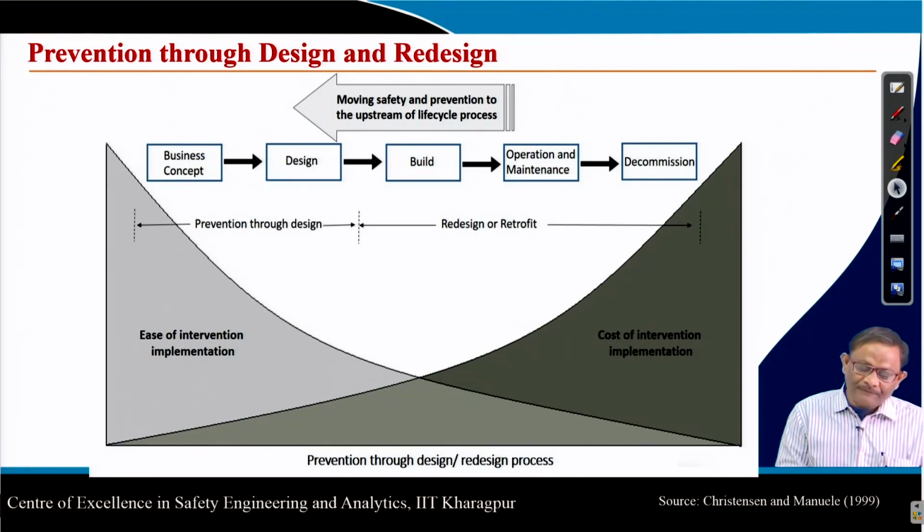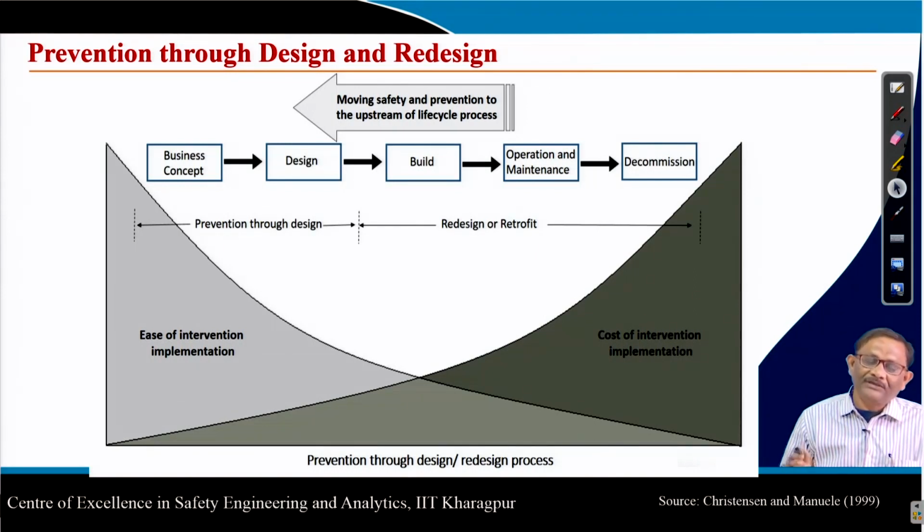If we follow that path, prevention through design, or many times it's a redesign also, then you will find out that the ease of intervention in terms of implementation is manifold. At the same time, your cost of intervention implementation will be much less.